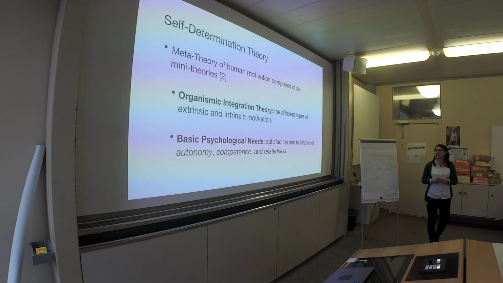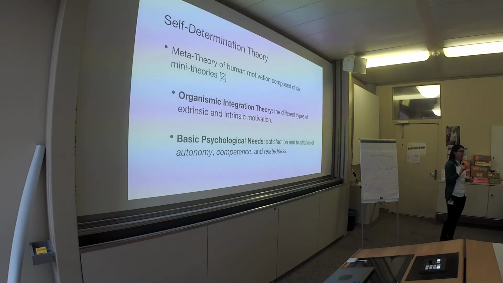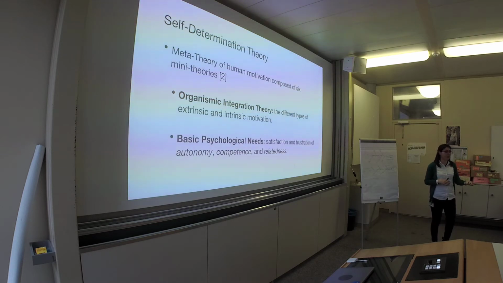One of these is the organismic integration theory, whose main characteristic is that it makes a difference between extrinsic motivation, what motivates people externally, and another type of motivation which is internal to the person, or intrinsic.